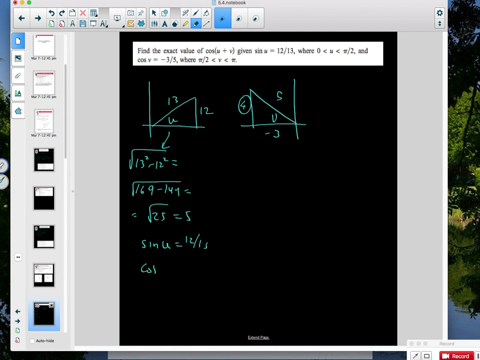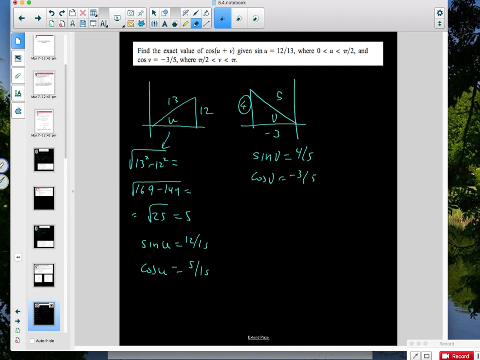So what does cosine of u equal? 5 over 13. Cosine is adjacent over hypotenuse, 5 over 13. And then here we know that sine of v is 4/5, and we were given that cosine of v equals negative 3 over 5.